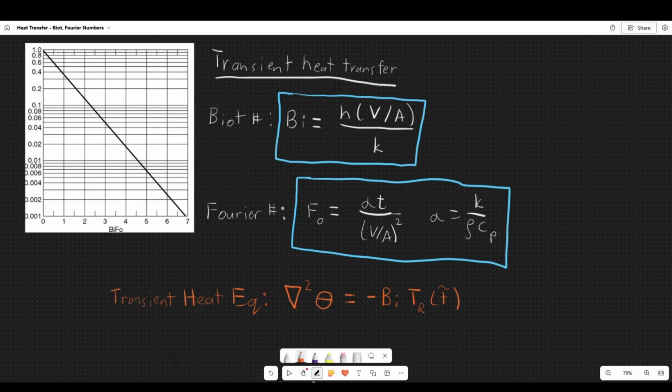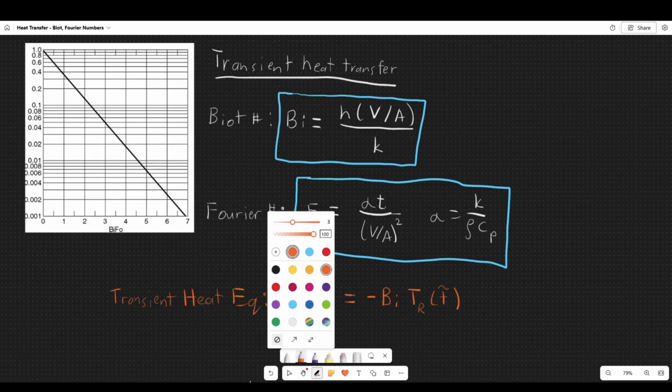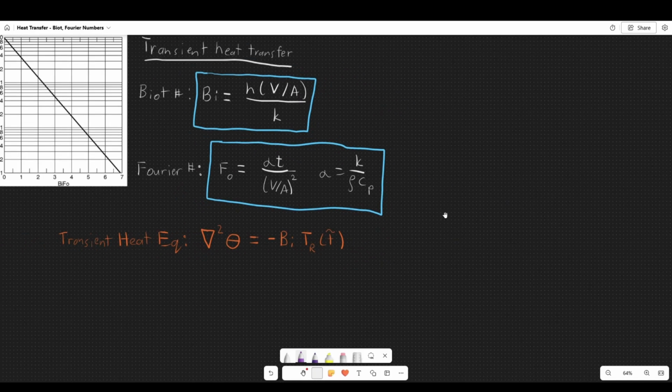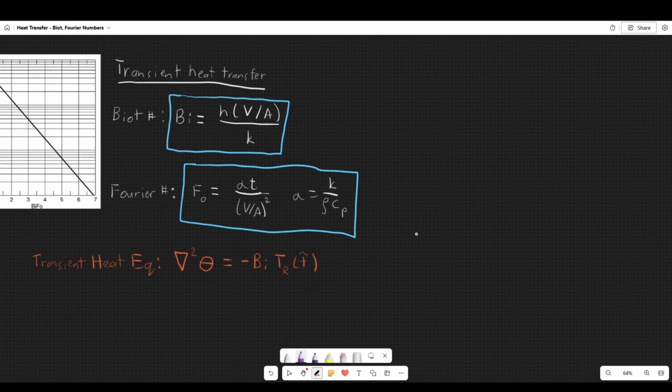So let's say we had a sphere, a nice purple sphere, and we have a convective layer over it, the convective boundary layer. We want to know, okay, what is the temperature profile within the sphere?